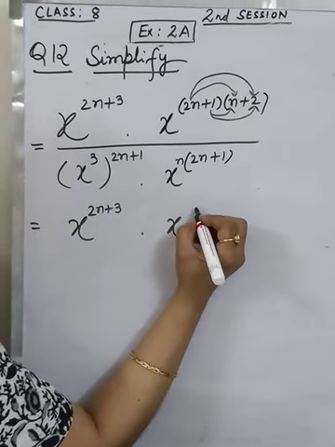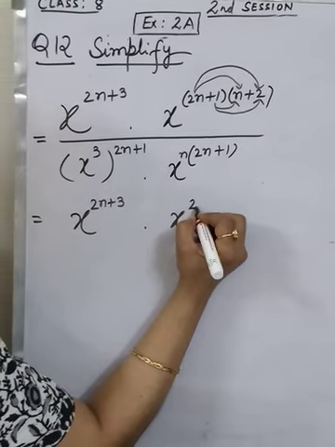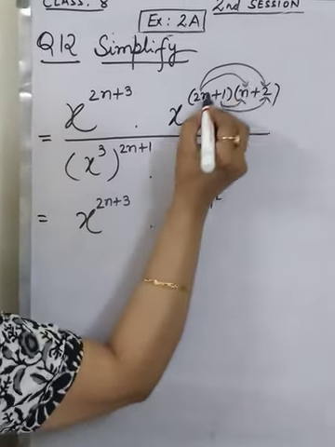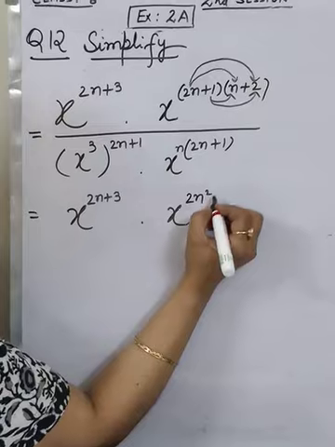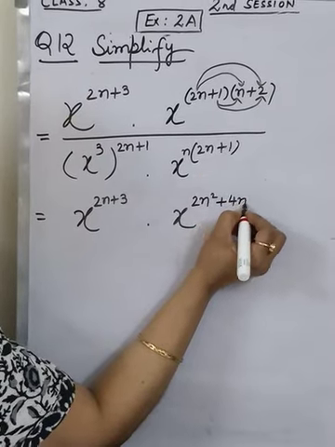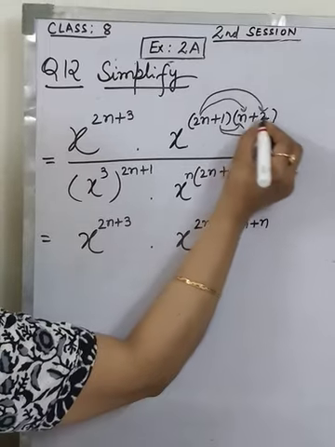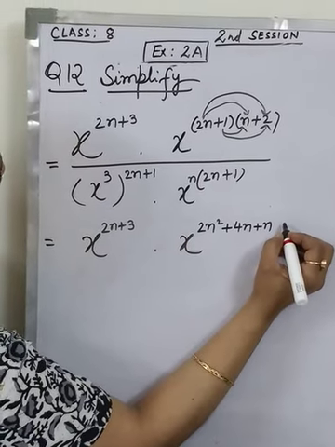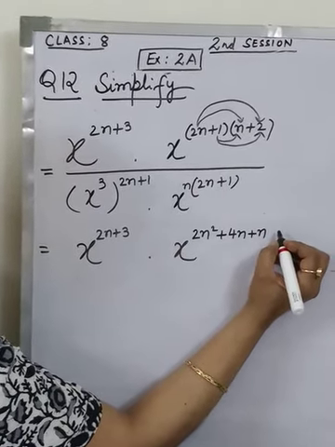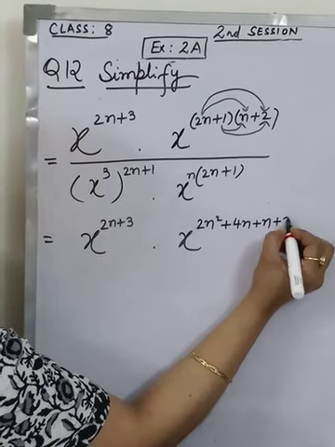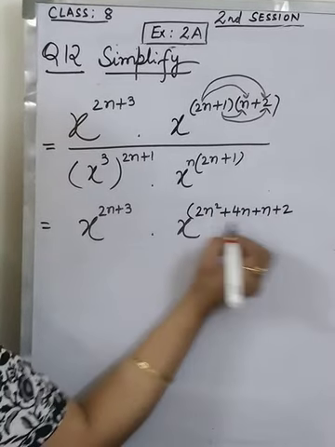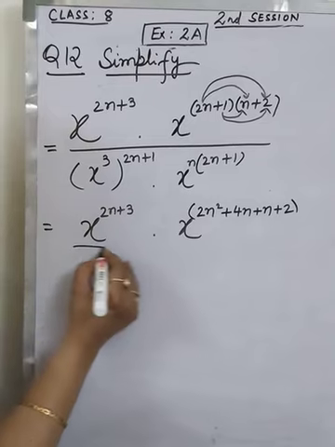So what we get? 2n into n will give you 2n square. 2n into 2 will give you plus 4n. 1 into n gives plus n. 1 into 2 will give you plus 2. I have multiplied the given expression.